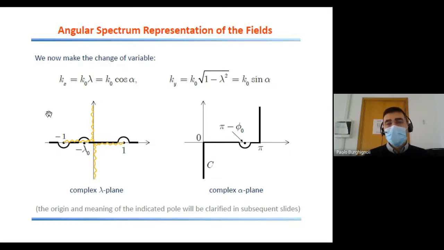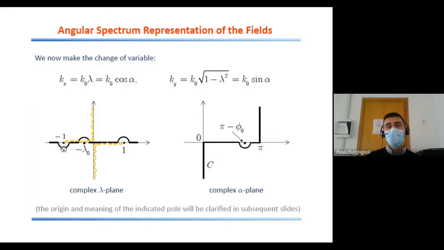The situation of the singularities in the complex planes of these new variables is represented in here, and more details will be given. Consider, for example, the lambda plane. In this plane, we have the usual branch points at minus and plus 1.